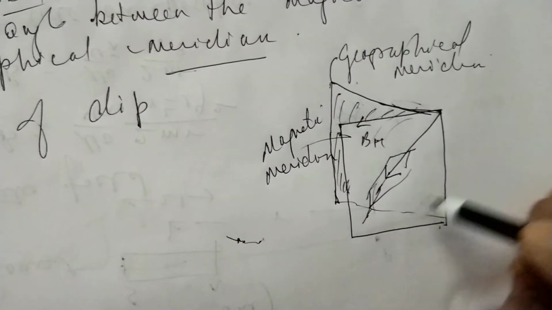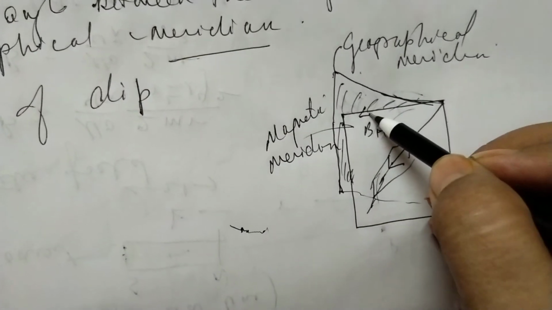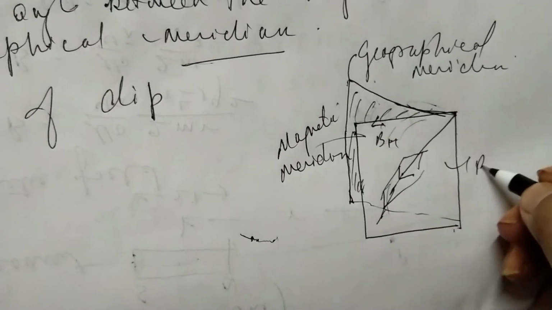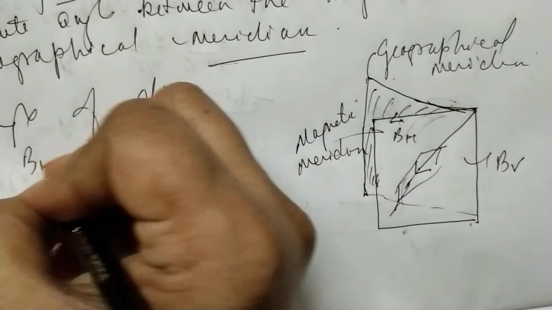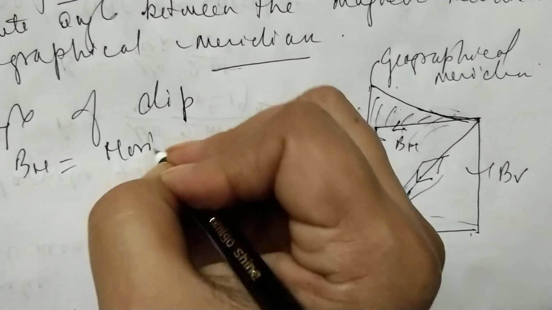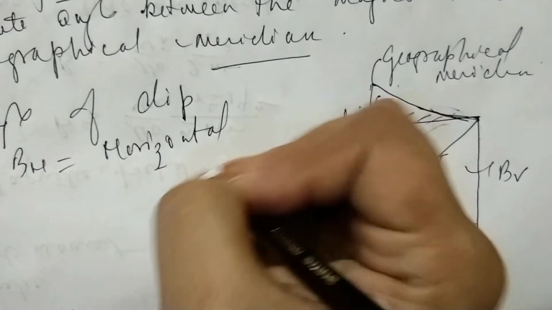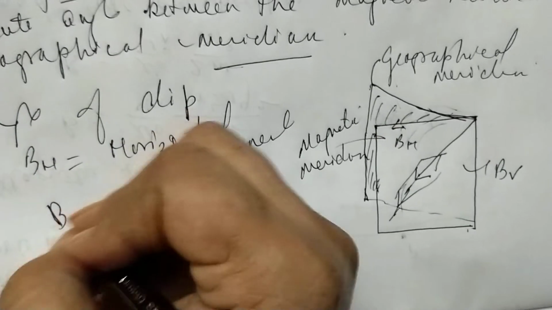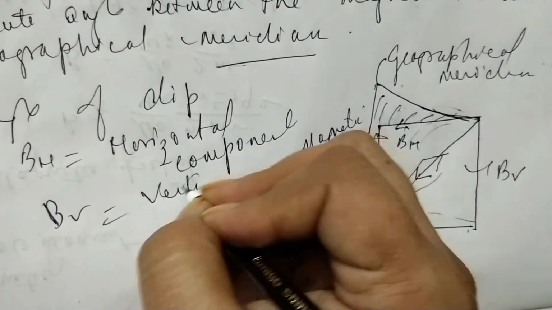And this plane is the magnetic meridian. This is the horizontal component of the Earth's magnetic field, BH, and this is the vertical component, BV.